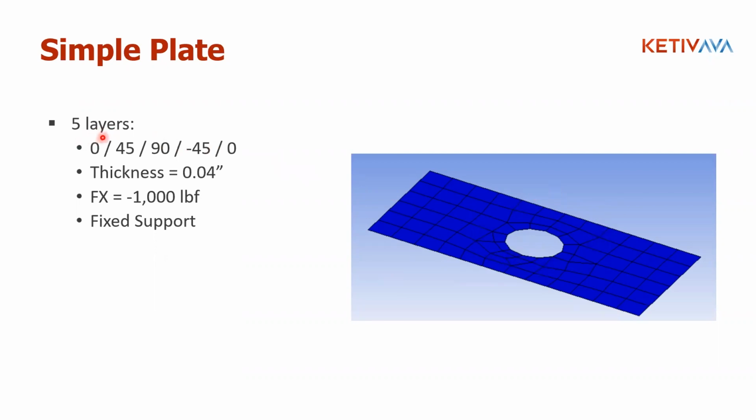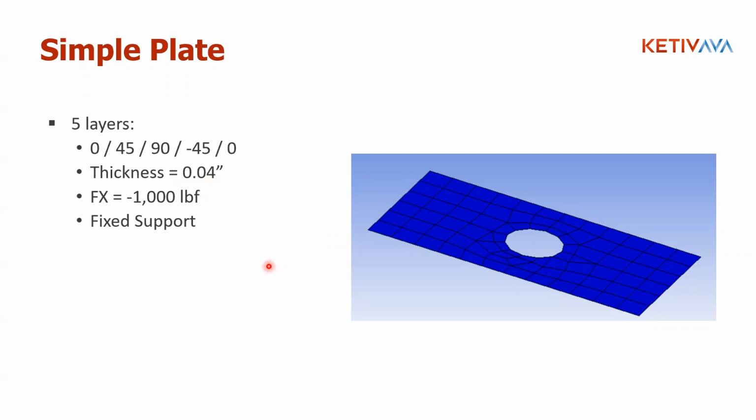I'm going to define 5 layers, and the layer orientation will be 0, 45, 90, minus 45, and 0 degrees. The thickness for each ply is going to be 0.04 inches. I'm going to fully constrain one end, and then just apply a 1,000-pound pull or tension on the other side.